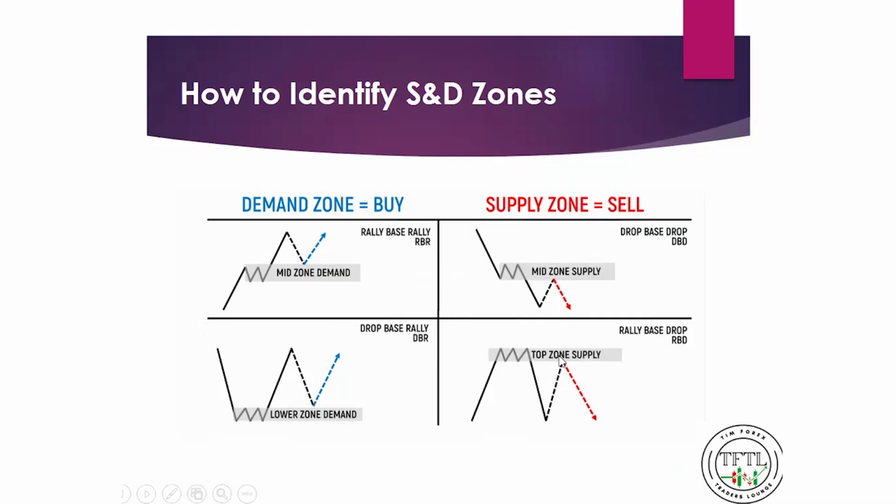Then we wait for the price to come back to revisit this zone, and therefore we'll be looking for selling opportunities. Then we have the mid zone supply, where we have a rally, then a base, then a drop, and therefore the price creates a mid supply zone here. When the price reaches this level, we look for selling opportunities.